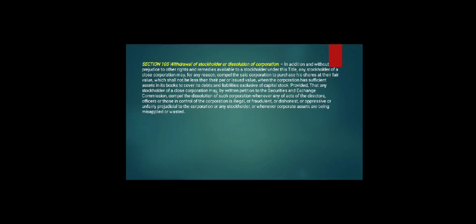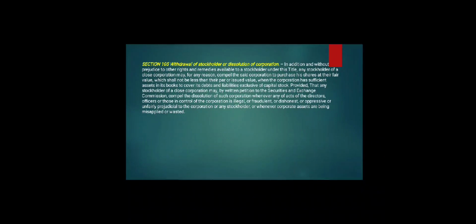Section 105. Withdrawal of stockholder or dissolution of corporation. In addition, and without prejudice to the other rights and remedies available to a stockholder under this title, any stockholder of a closed corporation may, for any reason, compel the said corporation to purchase his shares at their fair value, which shall not be less than their par or issued value, when the corporation has sufficient assets in its books to cover its debts and liabilities, exclusive of capital stock.